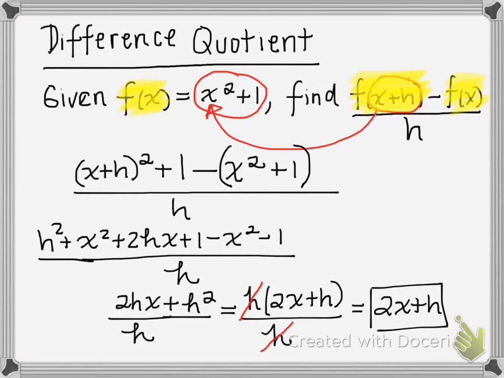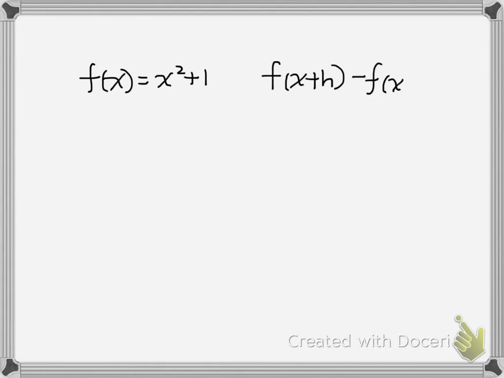If you're still not clear, let me just take a look at an error that students make. I'm going to go to another page here. And I think what happens is we have f of x equals x squared plus 1, and then we want to find f of x plus h minus f of x over h.